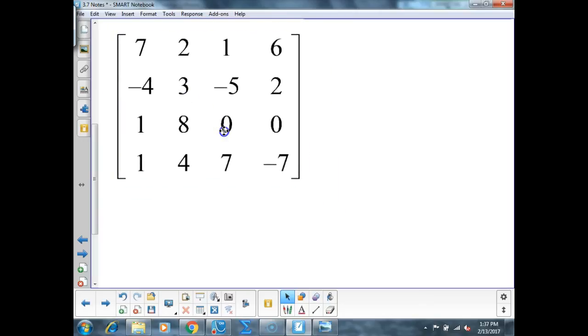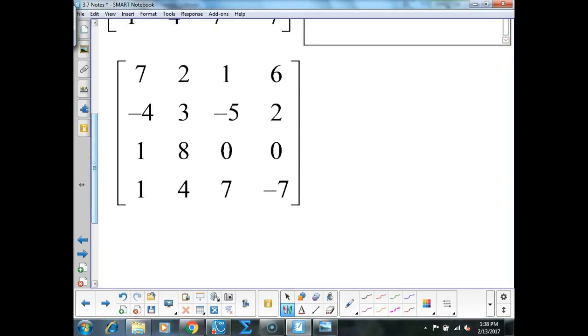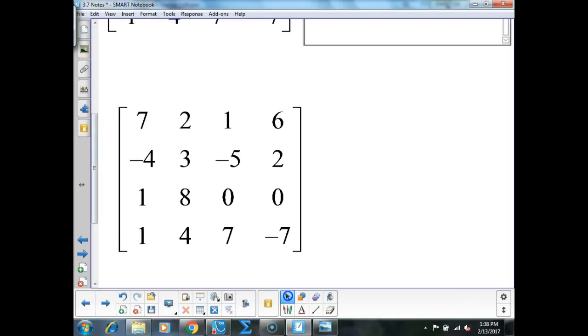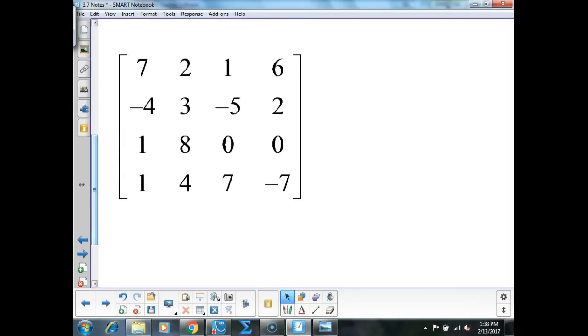Okay. So what did we do in a 3x3 by hand? We wrote the first two columns on the right side of it, right? So here I would have to write the first 3 columns on the right.